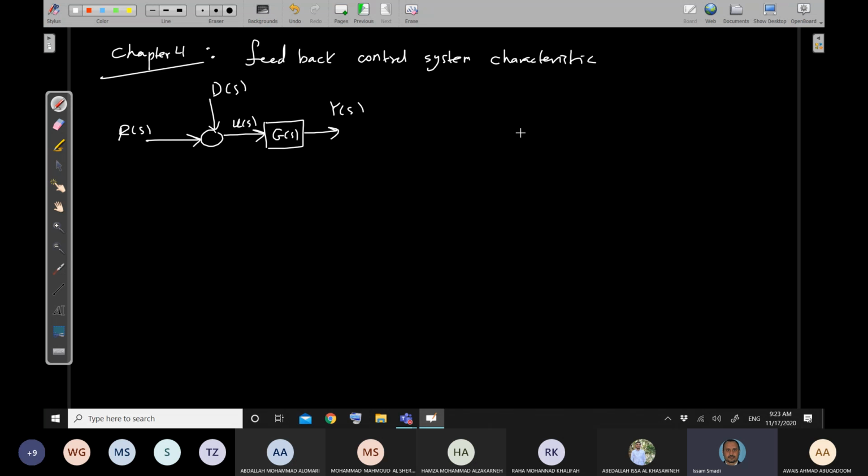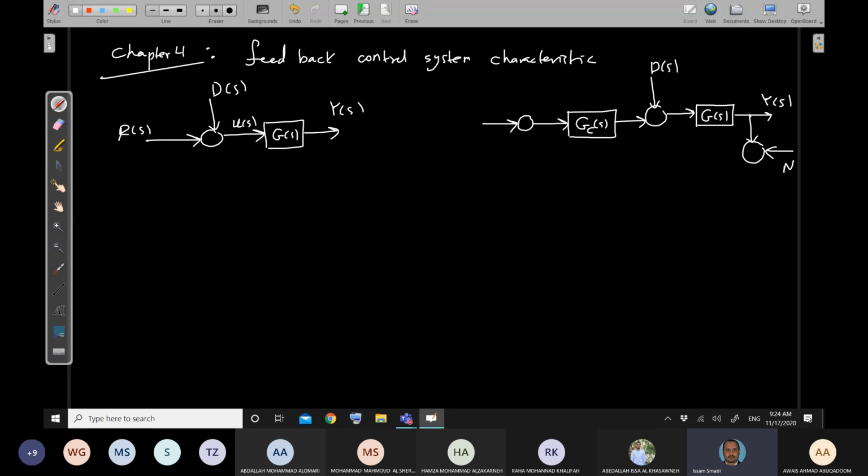Or simply, if we have a general block diagram, here, let's say, the controller I'm having is Gc(s). Here I'm having the disturbance, D(s). Here I'm having the plant, let's assume this is G(s). Here I'm having the output Y(s). And remember, you need to measure the output, yes or no? I need to measure the output. So for sure, I will have certain noise, N(s). Why?